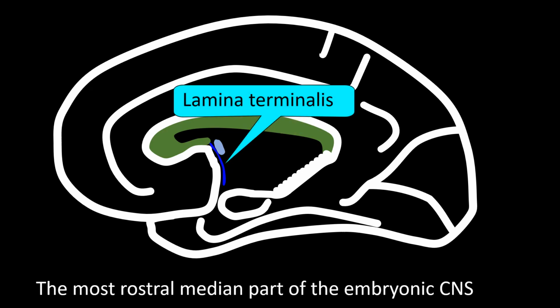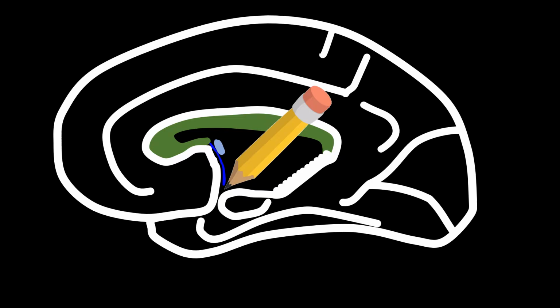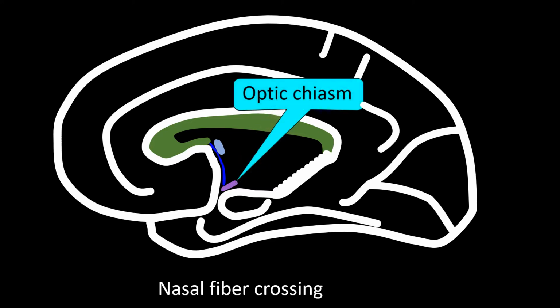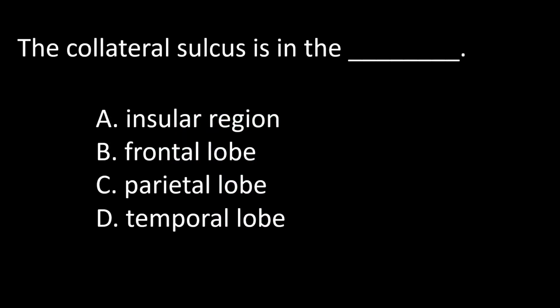This is the lamina terminalis. Just below the lamina terminalis, draw a line going backwards. This line represents the nasal fiber crossing at the level of the optic chiasm. So the answer to this question is D.